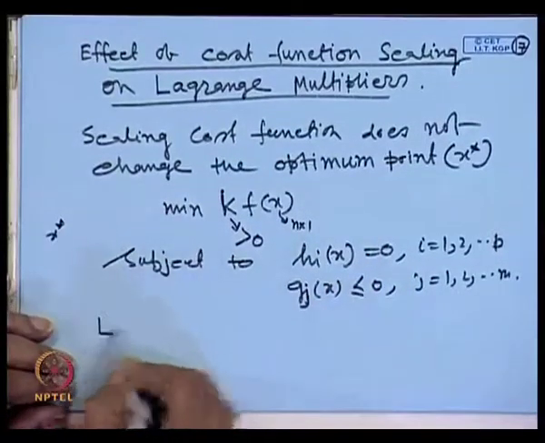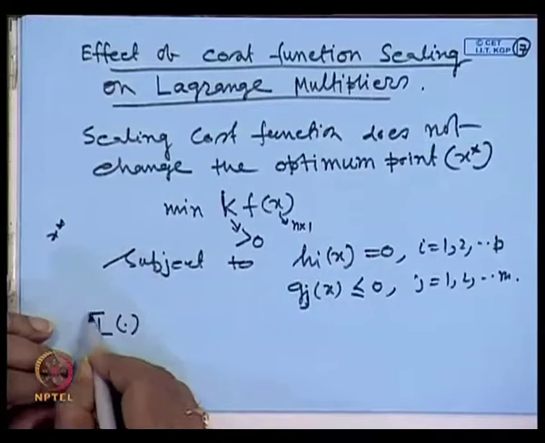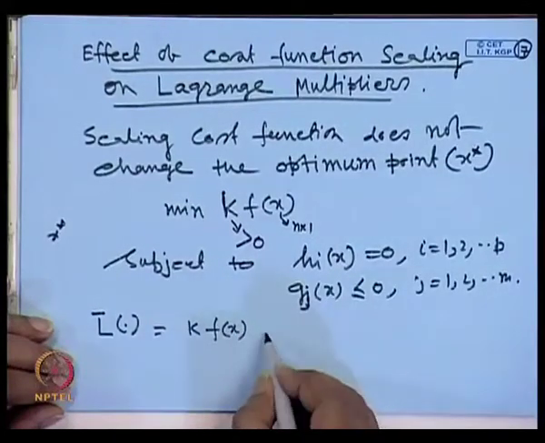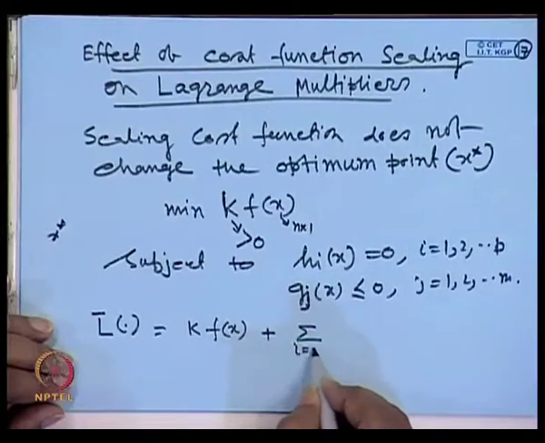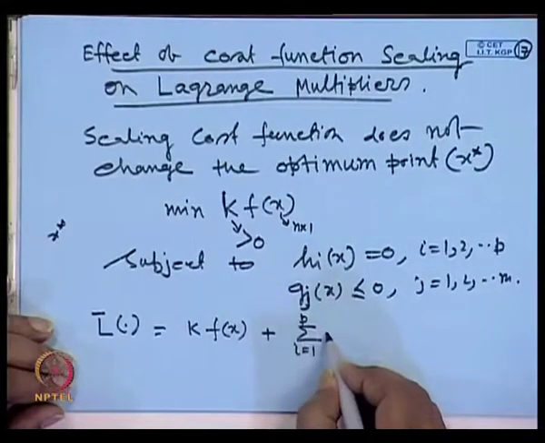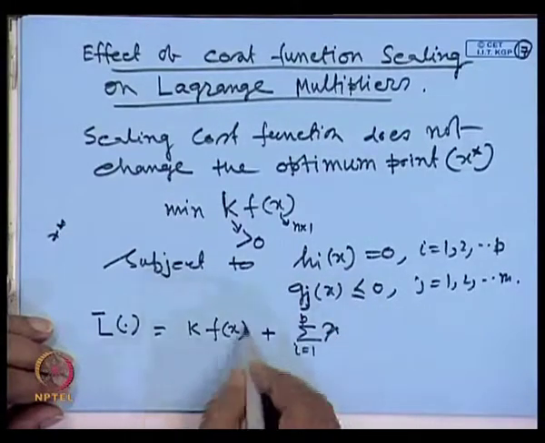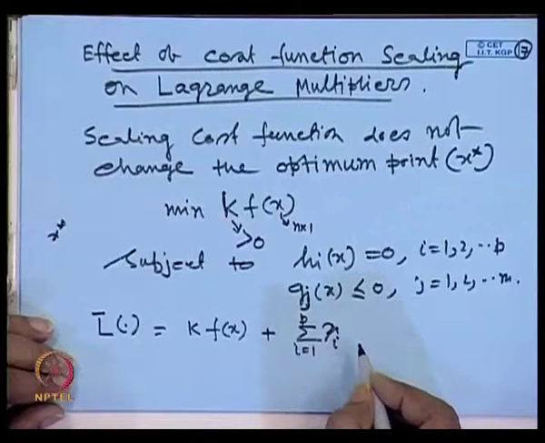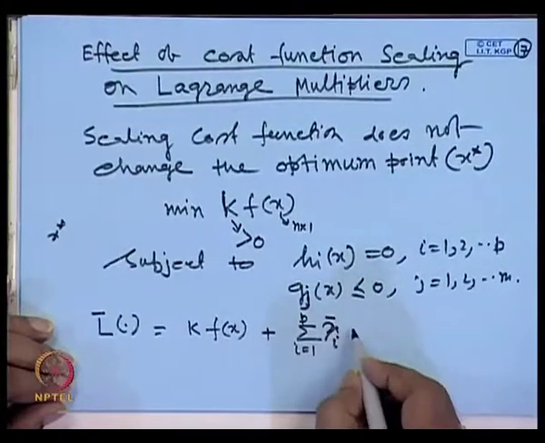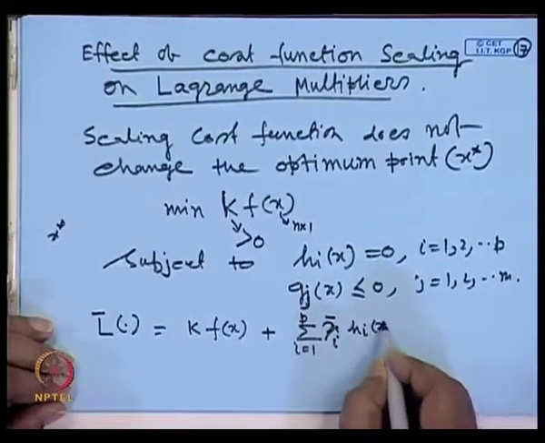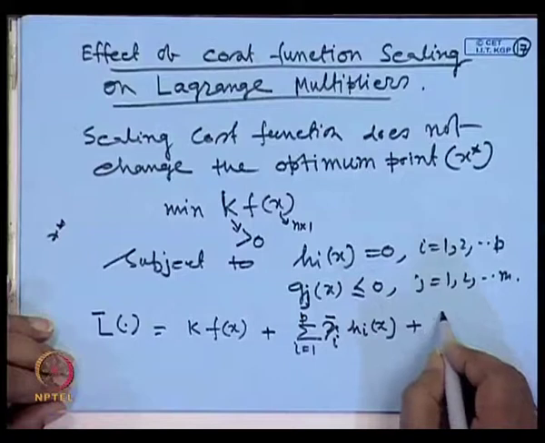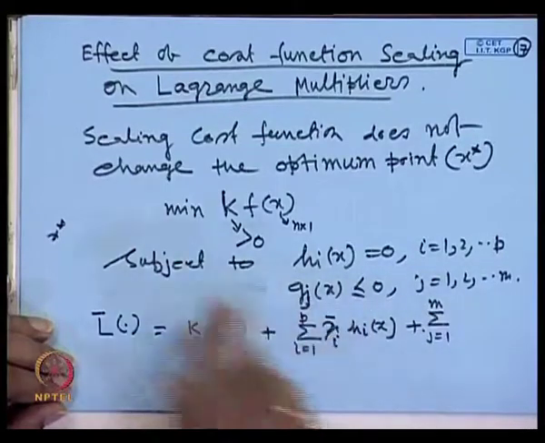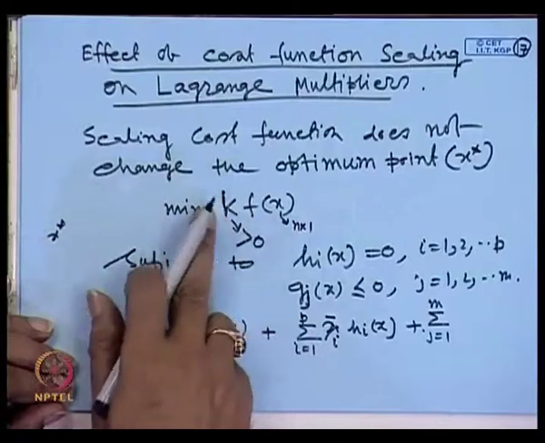Corresponding to this objective function, the Lagrangian function L bar we have considered has the new cost function k into f of x, plus summation of i equal to 1 to p, lambda i bar, the Lagrangian multiplier corresponding to the new objective function, into h i of x, plus summation of j equal to 1 to m, mu j bar, the Lagrangian multiplier for the inequality constraint, because the cost function is changed by a positive multiplication factor k.